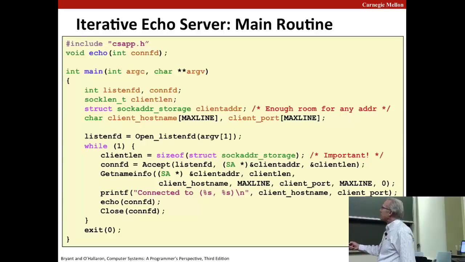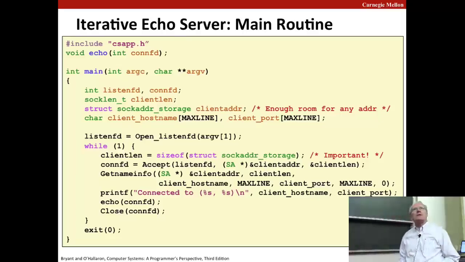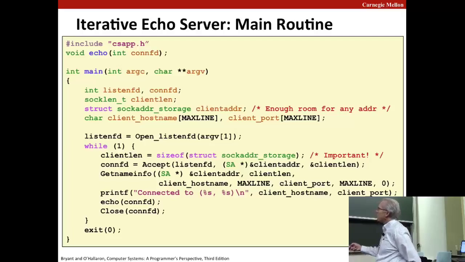And then what accept fills in here into this sockaddr struct is information about the client, the IP address of the client. And I'll use this call called getnameinfo, which is, again, one of these kitchen sink features, that I'll pass this client address.